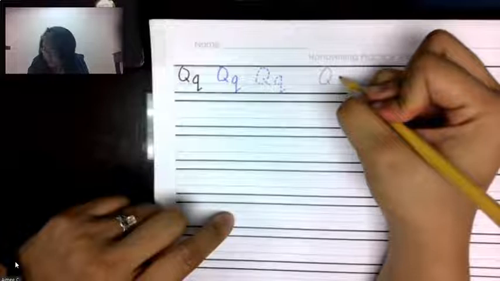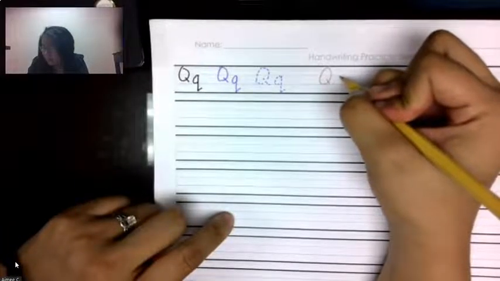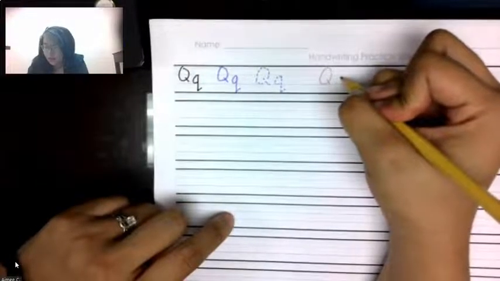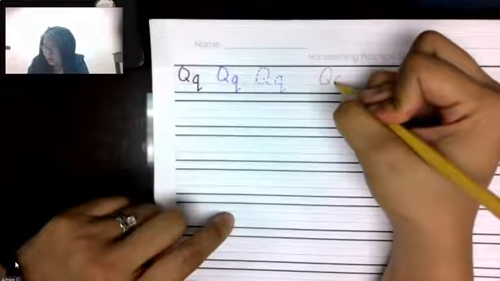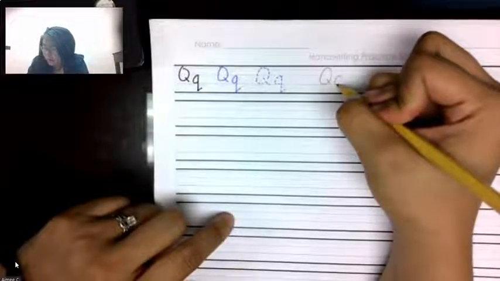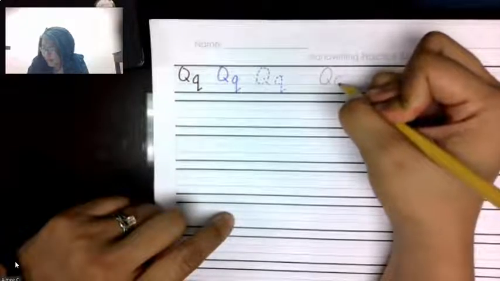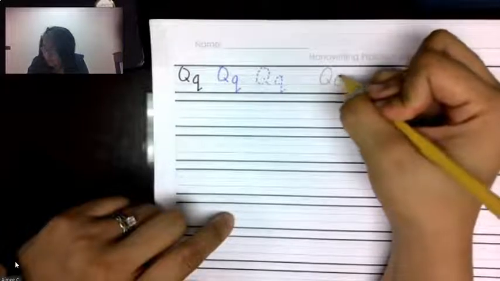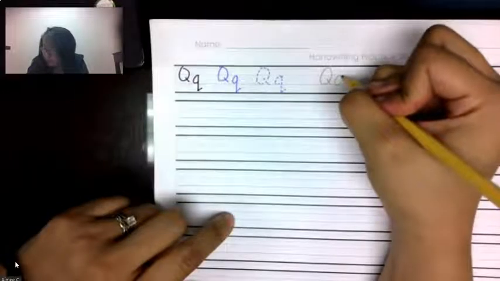Make lowercase q. We start pretty close to the middle line, a little below the middle line. And we start making a little circle that goes up and touches the middle, curves back down to touch the bottom, and then, so this should look familiar. This should look like the letter C. And then we're not done yet.